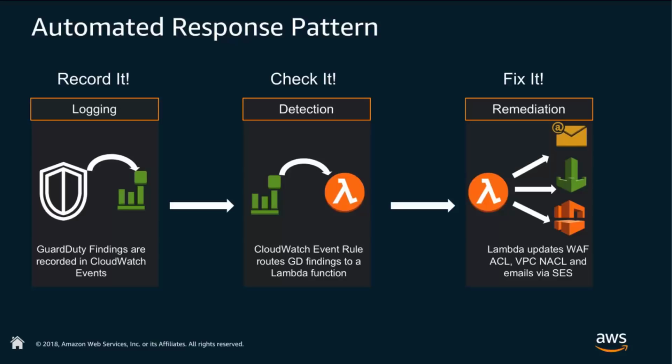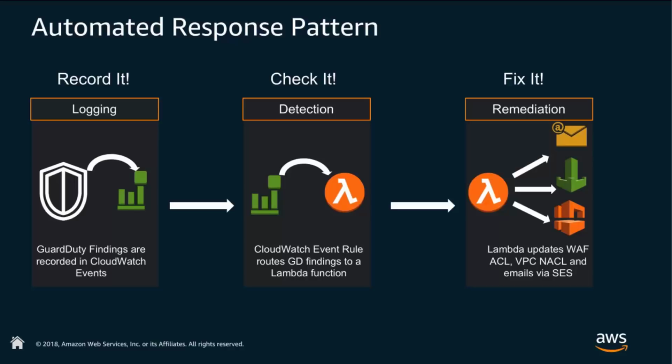Moving from the left, just as in the previous slide, we have our event source, which in this case is the logging that comes off of GuardDuty, that JSON object that Alex spoke about a moment ago. That is going to come into CloudWatch events. Those events are a near real-time stream of the activity coming off of various services.